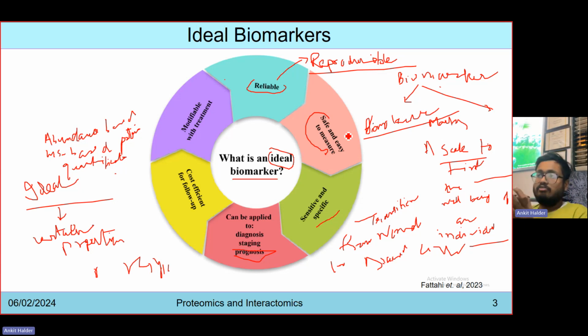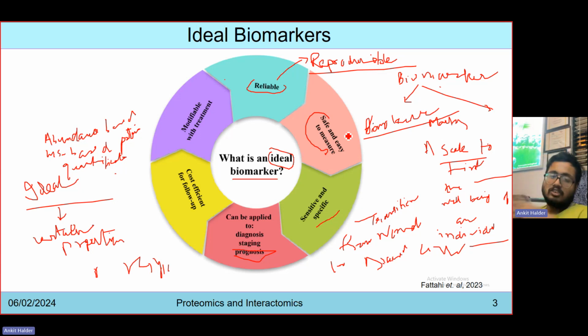They should be reliable, reproducible, safe, easy to measure, sensitive, and specific, and can be applied to diagnosis, staging, and prognosis. Then they should be cost efficient. They should not be invasive in nature, as non-invasive as possible. The best is if we don't need to take a specimen out and can use biofluids like saliva, sweat, etc. And it is modifiable with treatment.